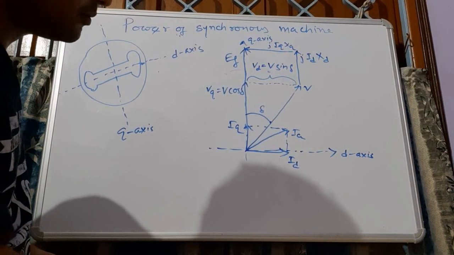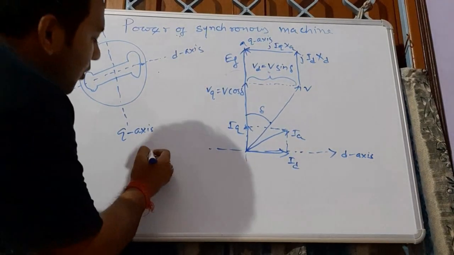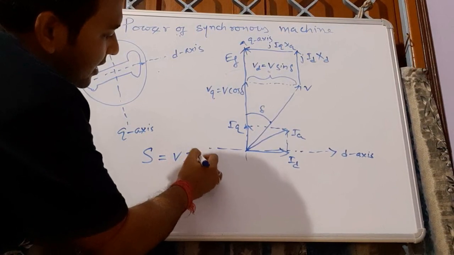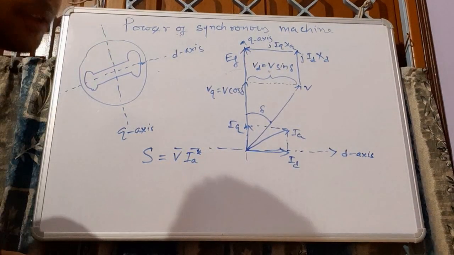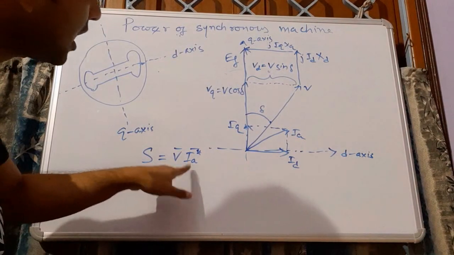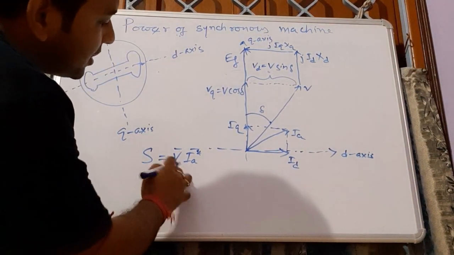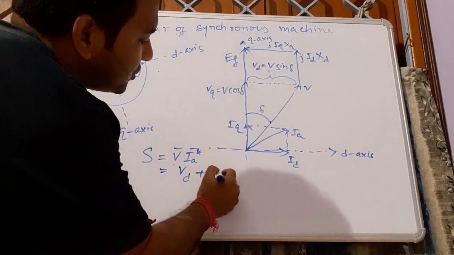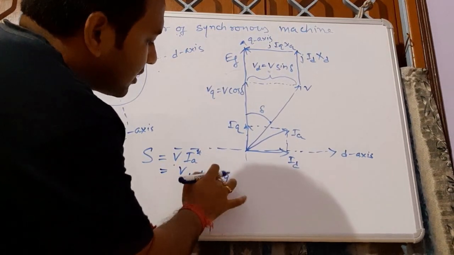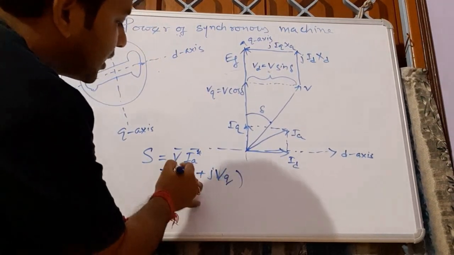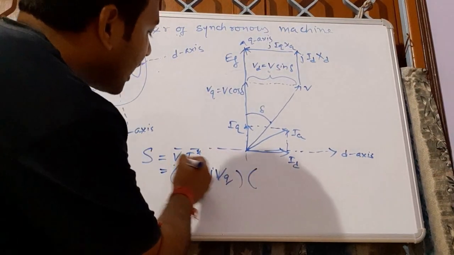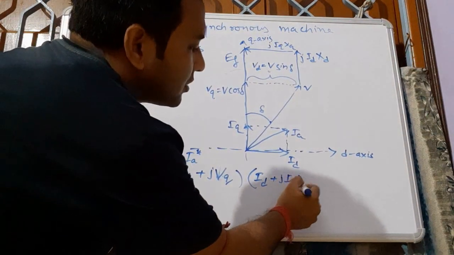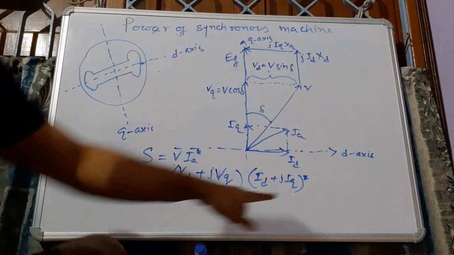Now if we calculate the power, apparent power is equal to V IA star. Now this V phasor can be denoted as V direct axis plus j V quadrature axis voltage, and I is ID plus j IQ, star, complex conjugate.